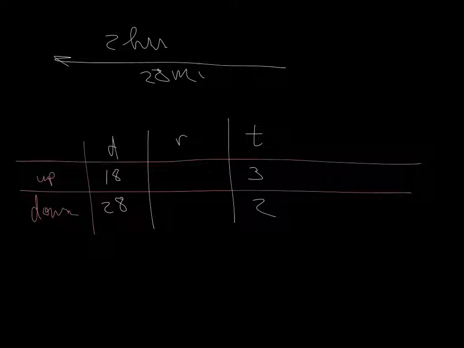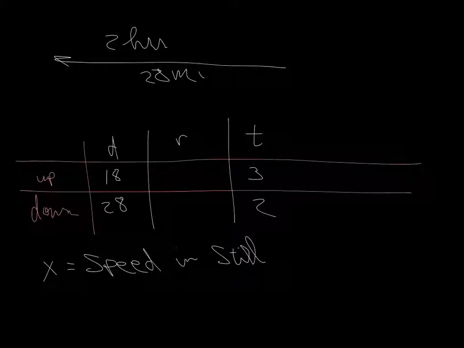Alright, so the rate is going to be, well, let's make x be the speed in still water. Okay, because that's what we're looking for, right? What is the speed in still water? So if it goes x miles an hour in still water and it's going upstream, it's going to slow down.